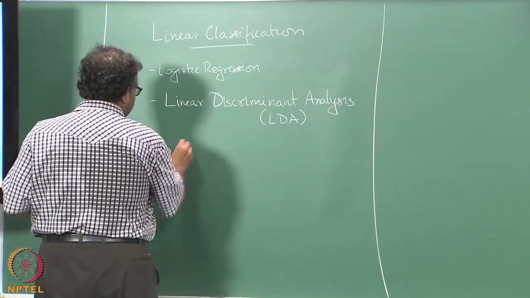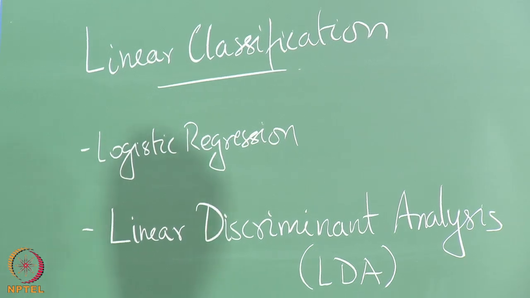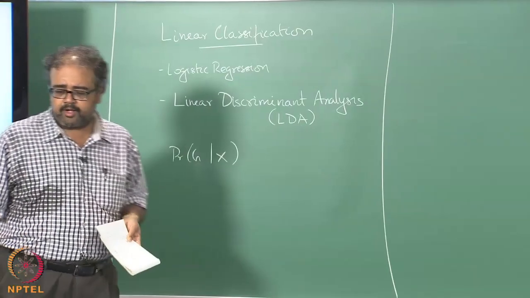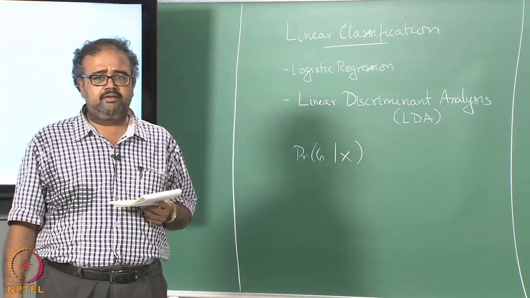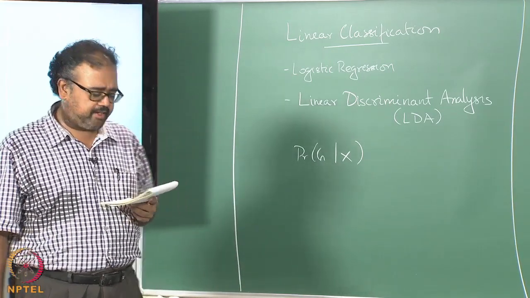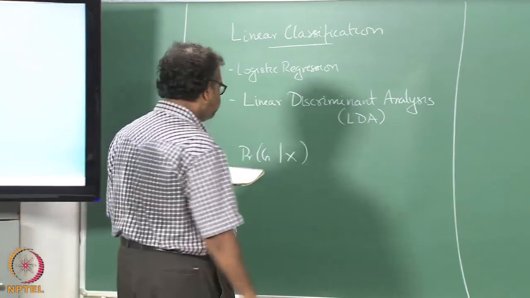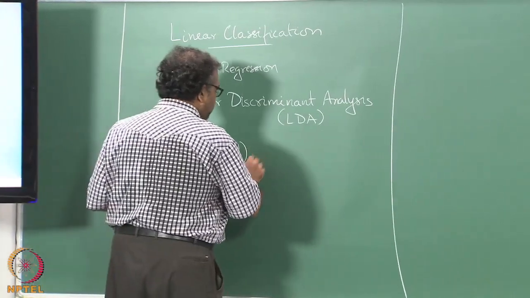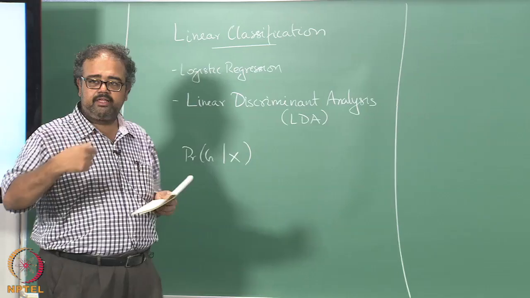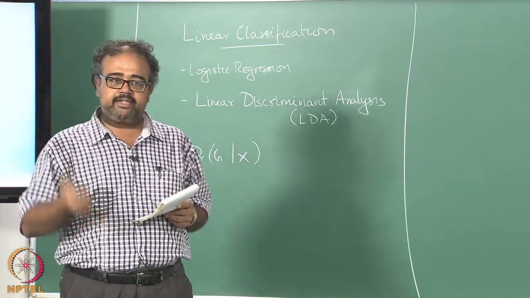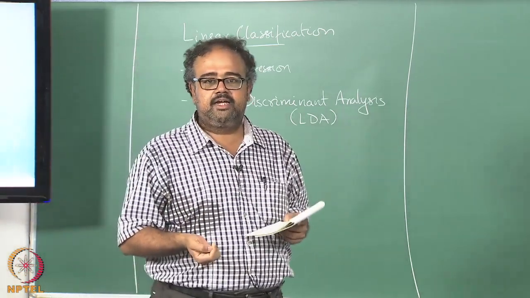If you remember, we are really interested in the probability of a class given the data point. You can get this using Bayes rule if you have the probability of the data point given a class, and what else?